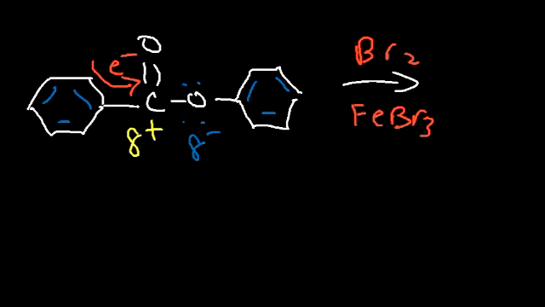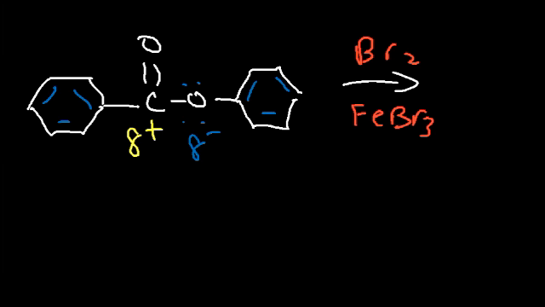Now the oxygen, which is partially negative, can donate electron density to the ring on the right. It can donate by means of the resonance effect. So because it can donate electron density, the ring on the right side is activated towards EAS reactions. And so the bromine is going to react with the ring on the right side.